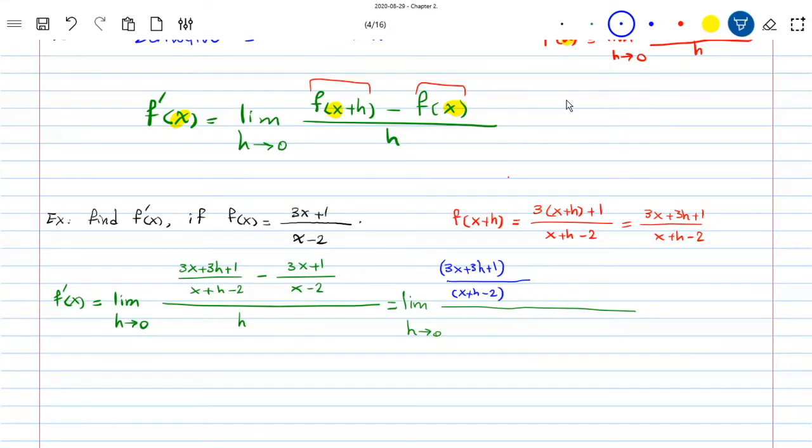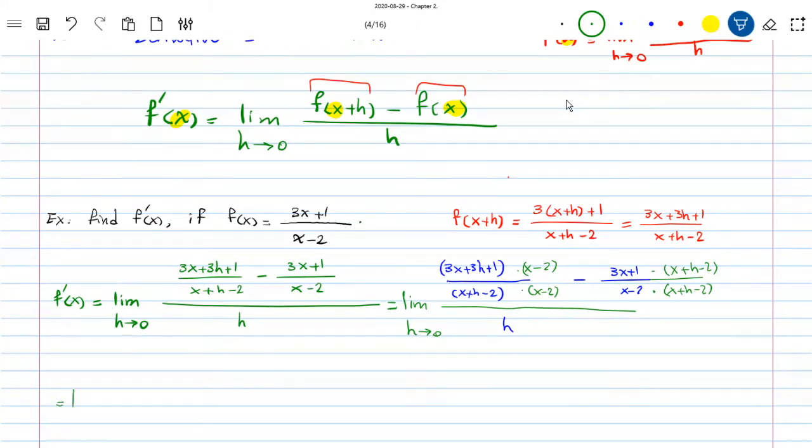The second fraction is 3x plus 1 divided by x minus 2. All this is divided by h. If I want to make a common denominator, I should multiply the top and bottom in the first fraction by x minus 2. And in the second fraction, I should multiply by the other fraction's denominator, x plus h minus 2, top and bottom. Now they both have the same denominator.